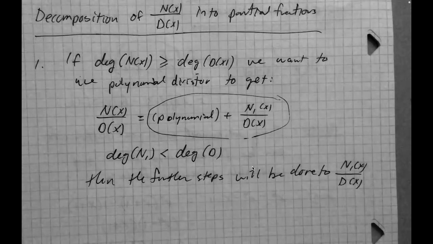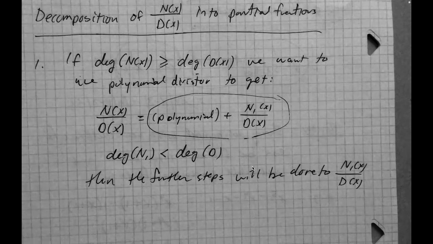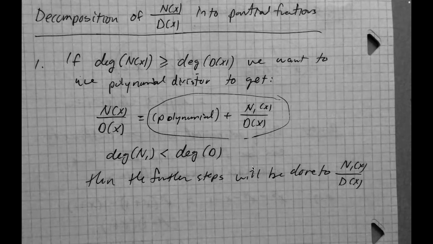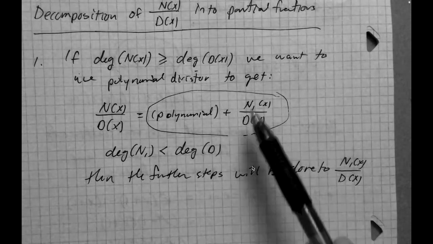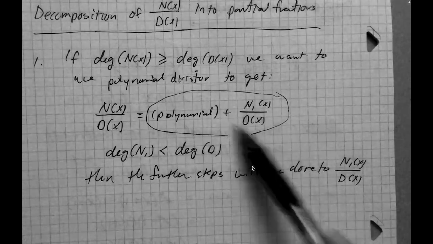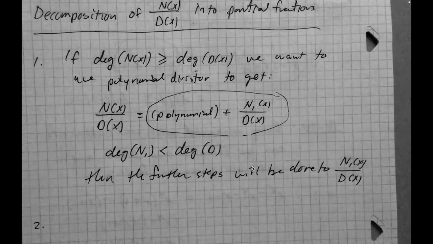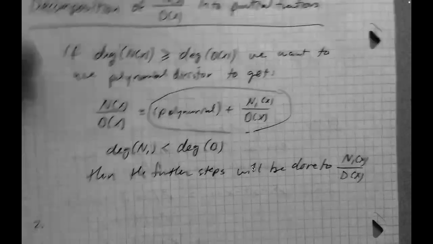If you can apply polynomial division, then you want to do that, and you'll get this new expression, and the partial fraction decomposition will be done on this piece. It won't work out for you if you're dealing with an improper rational function.